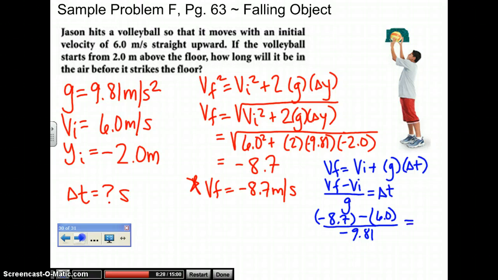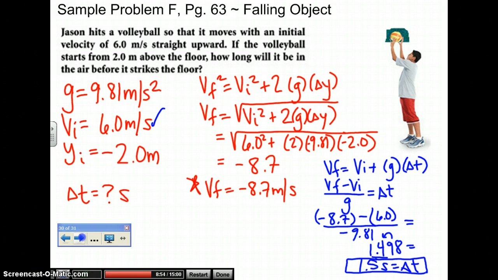This gives us a calculator answer of 1.498. From that answer then, looking at your givens, you only want 2 sig figs, and that 9 is going to round the 4 up. So your final answer is 1.5 seconds equals delta t. Box it, move on.